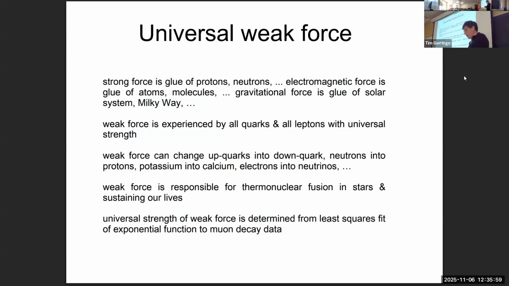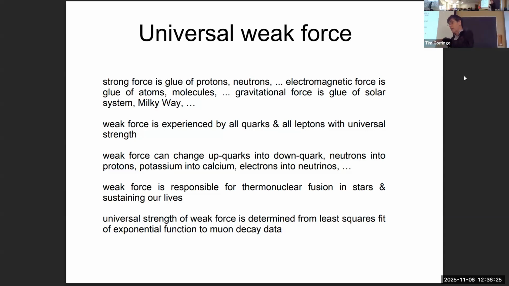So if you think about the forces of nature, well, we've got the strong force, we've got the gravitational force, we've got the electromagnetic force. And we've got a weak force. So we can list those four forces of nature. Three of them really are responsible for determining the structures of the world around us.